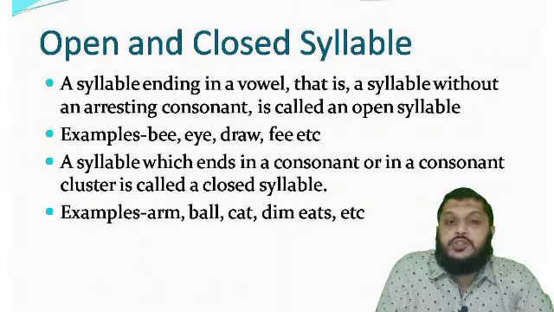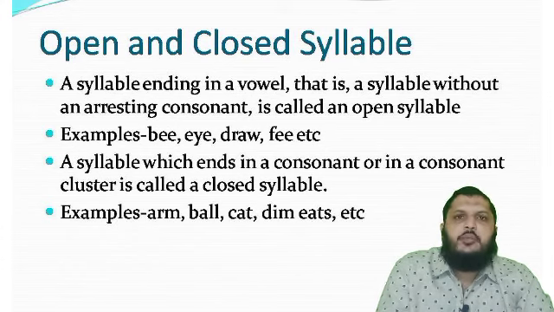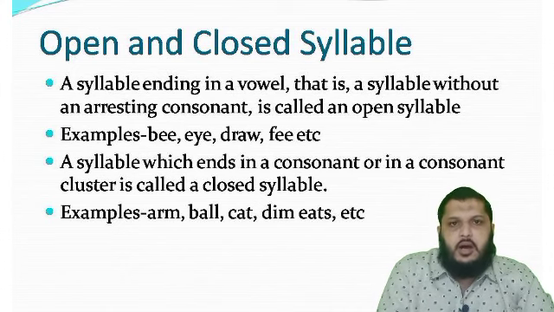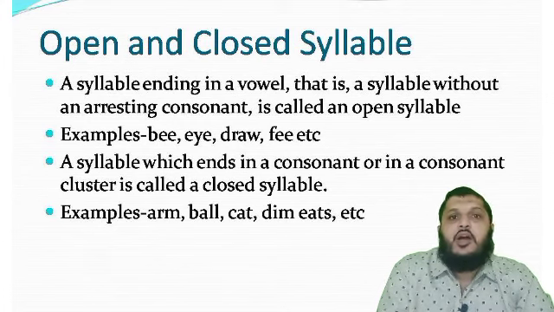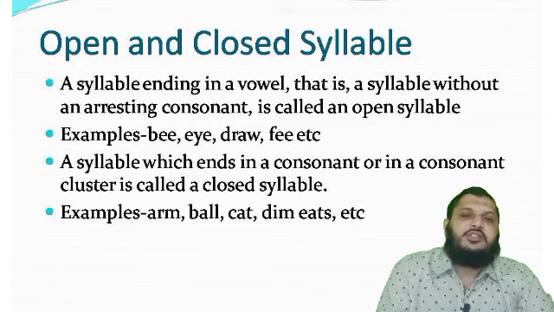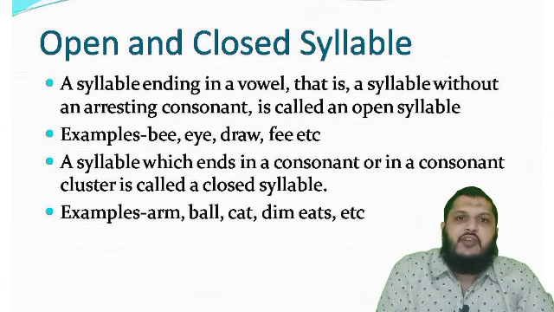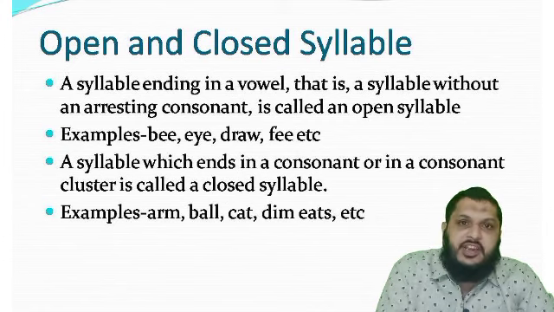Open and closed syllables. What do you mean by an open syllable? A syllable that ends in a vowel is called an open syllable. In other words, a syllable without an arresting consonant is called an open syllable. We have examples such as be, I, fee.